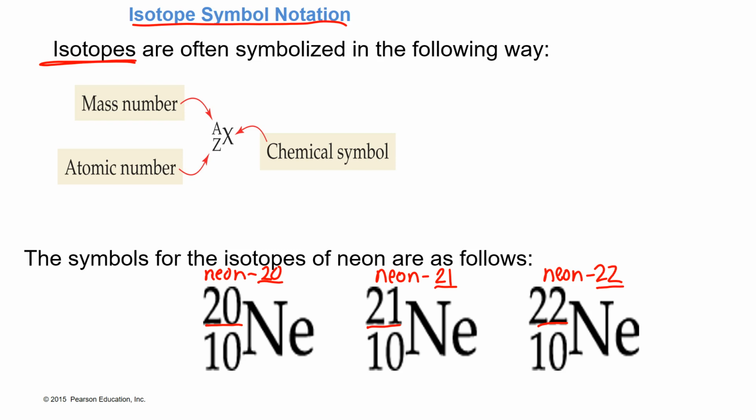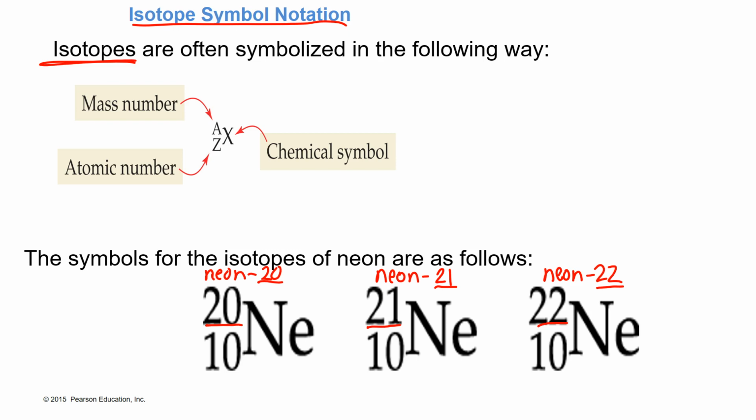The mass can change. Also notice, which one of these do you think is the most abundant isotope in nature based off of what you see on the periodic table? Which one's going to have the highest percentage that we're going to find in nature the most? Looking at the average atomic mass of neon on the periodic table, it is 20.1789.